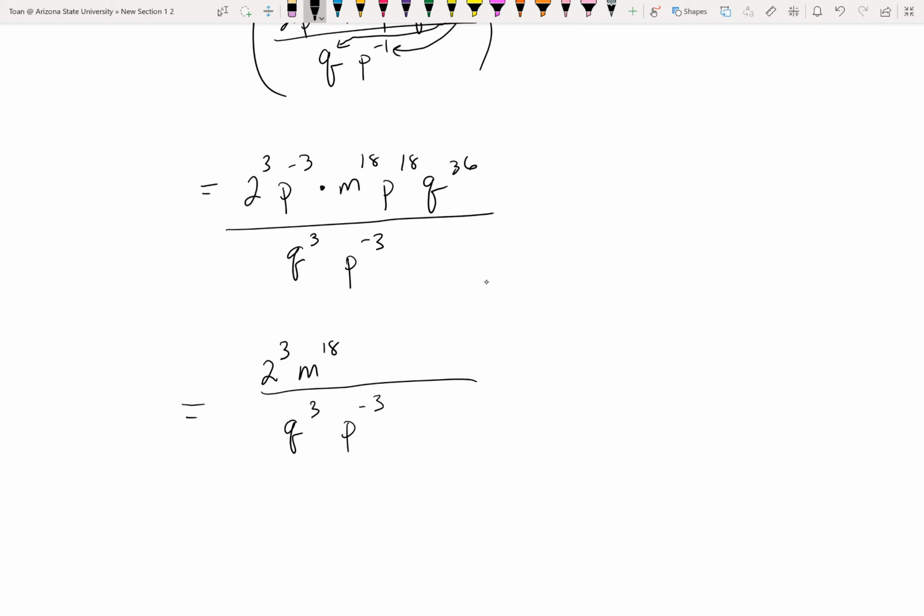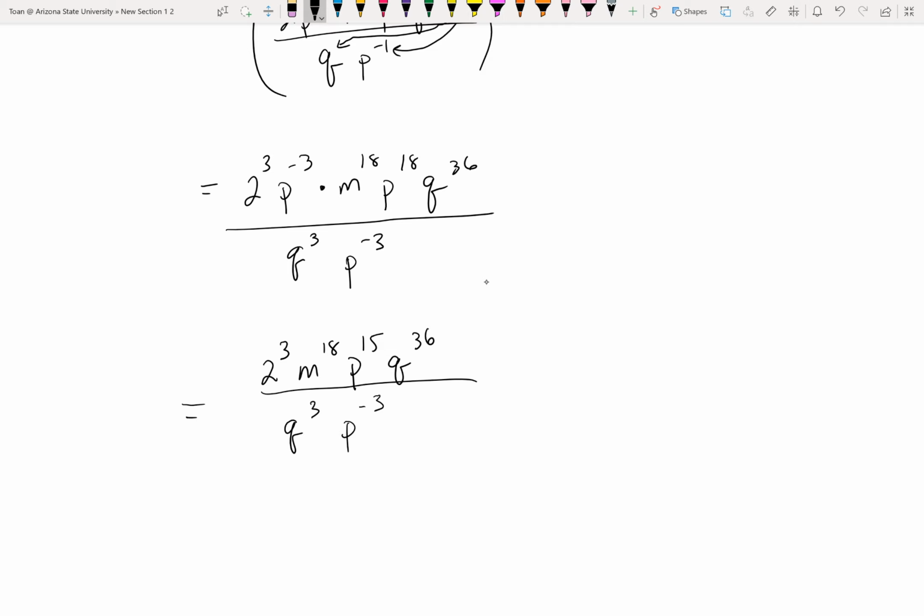Then next will be the p's. So we have p to the negative 3 times p to the 18. Property says when you times like bases, you add the exponents. So negative 3 plus 18 is a 15. And then lastly, this q is off by himself. There's no other q's on top. So you write 36. Just copy them down.